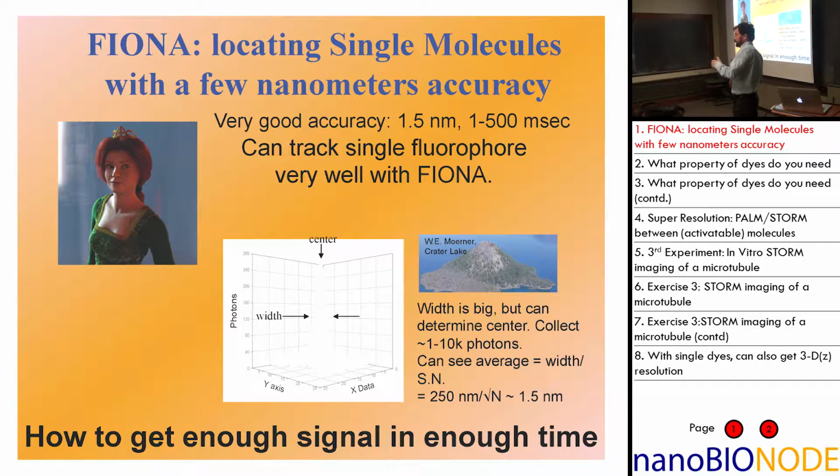We'll get to perhaps another case where you're looking at something that's not even fluorescent, and there's a little bit of a trick to getting the signal. But for now, we'll talk about FIONA, and then we'll immediately talk about STORM and PALM in terms of the resolution.